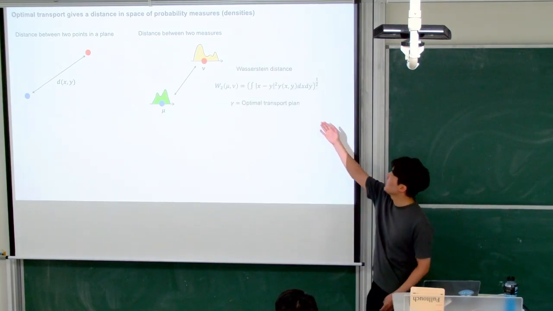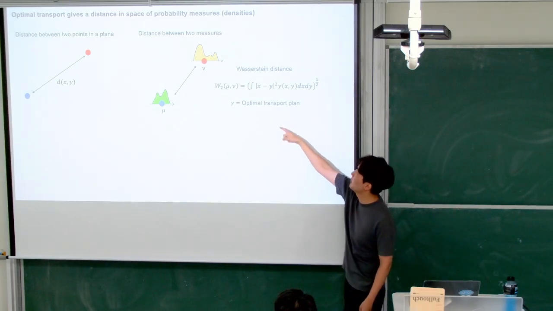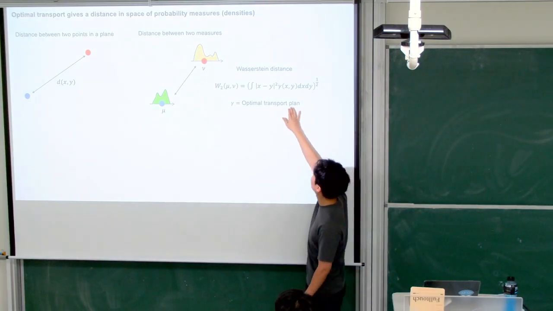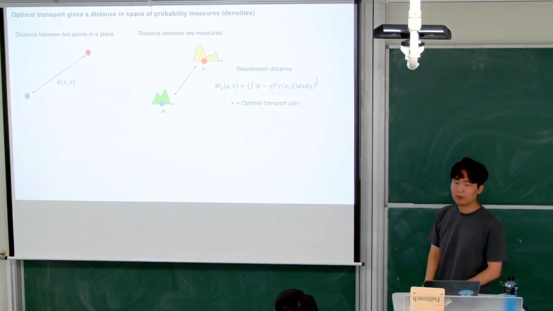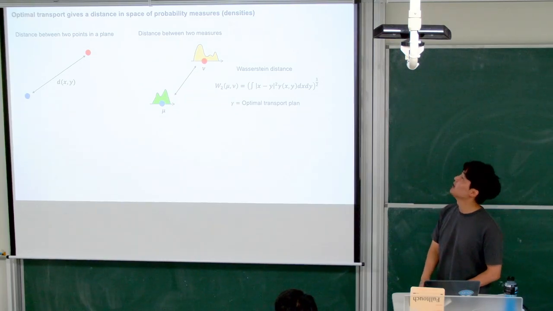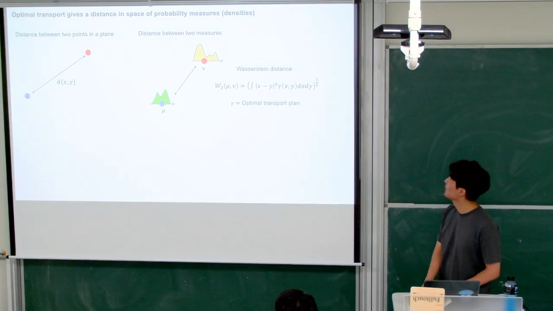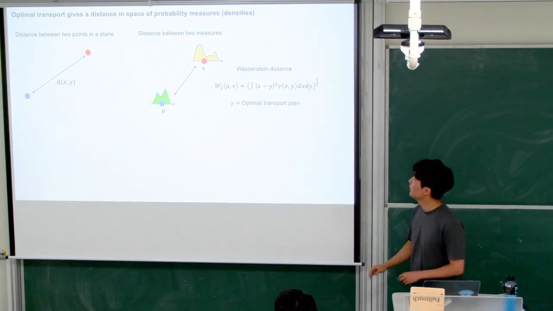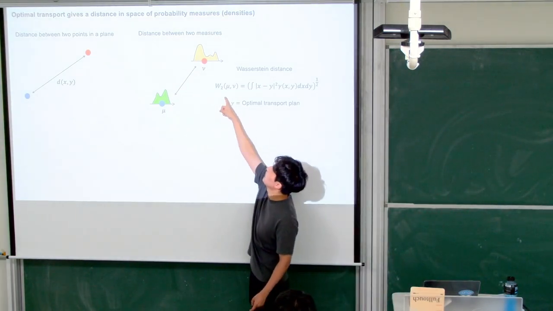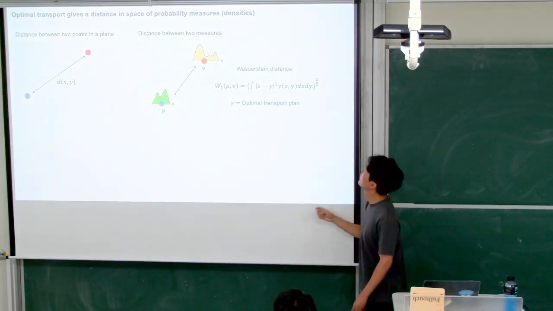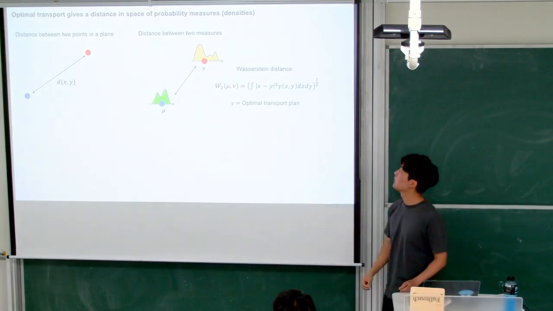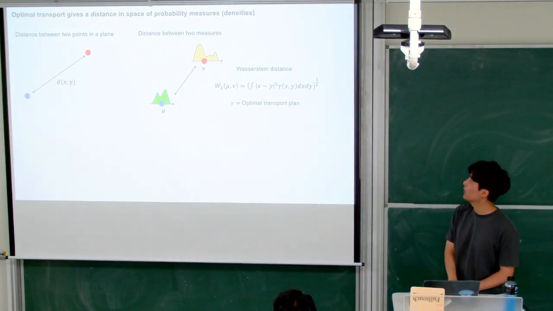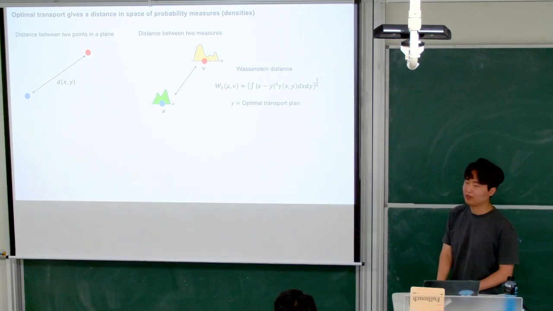If the cost is minimized by gamma, then the coupling gamma is called the optimal transport plan, or the optimal coupling, or optimal transference plan. You can guess the reason why there is a 2 here. It comes from the choice of the distance. In general, we have the Wasserstein p distance. You can put an arbitrary p here.